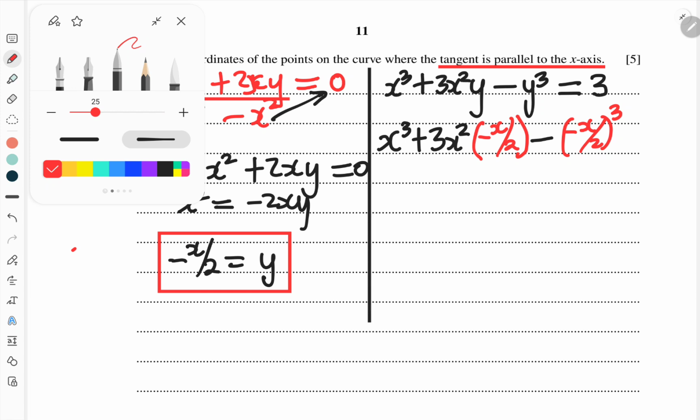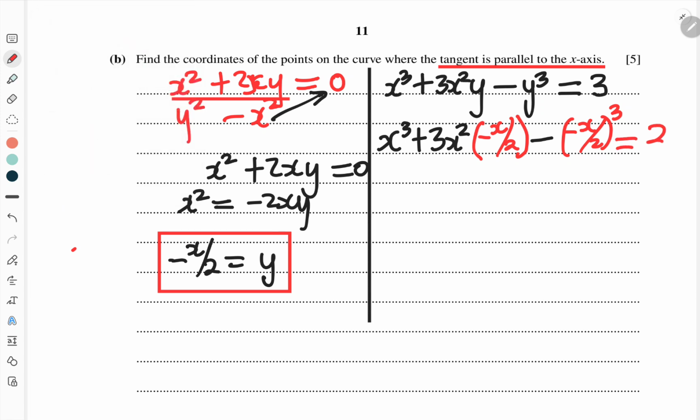And the whole thing shall be equated to 3. Right, we simplify. x cubed will come back as x cubed. Then 3x squared times negative x over 2, I get negative 3 over 2 x to the power of 3. Then here I end up with a positive x cubed over 8. And the whole thing is equal to 3.